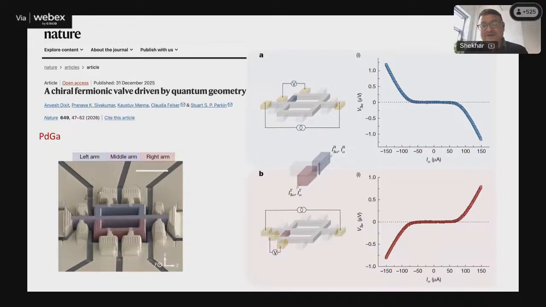Here I'm mentioning one phenomenon which is called quantum geometry. As I said, this chiral material exists in both handednesses, left-handedness and right-handedness. Suppose we fix one handedness and make a device, and measure the resistance on one side, left and right, meaning one is back side, one is front side.